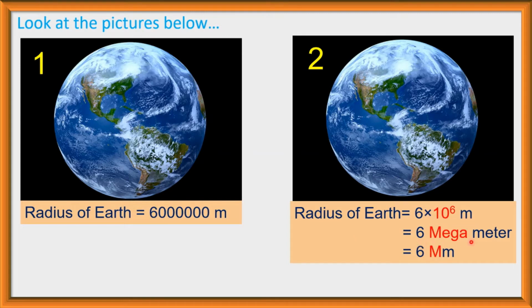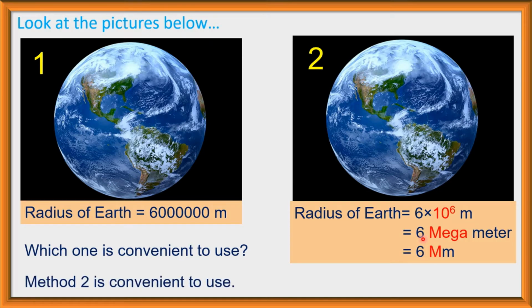This is equal to 6 megameter. Which one is convenient to use, this method or this method? Obviously, method 2 is convenient to use. Instead of this method, if we use this, it is more convenient.